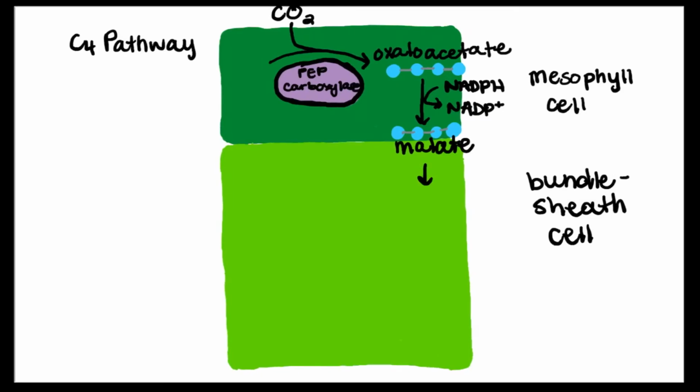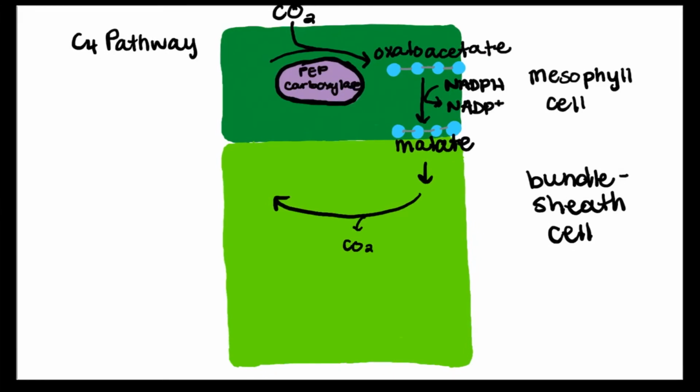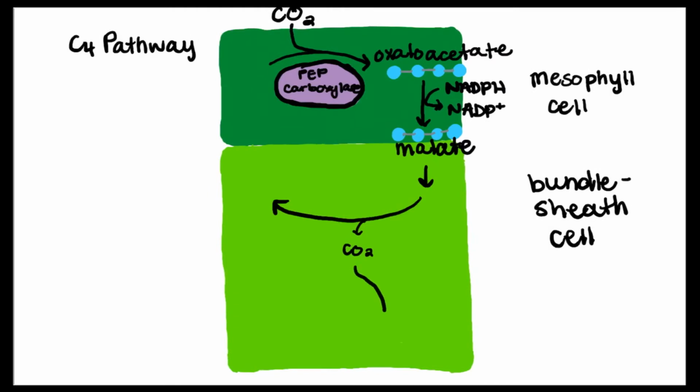Next, the malate exits the mesophyll cell and enters the chloroplast of the bundle sheath cell. One of the products of the decarboxylated malate is CO2. This CO2 combines with ribulose bisphosphate and goes through the Calvin cycle to produce sugar.